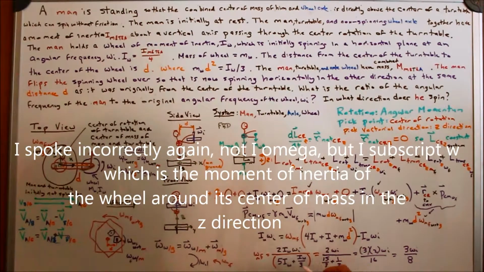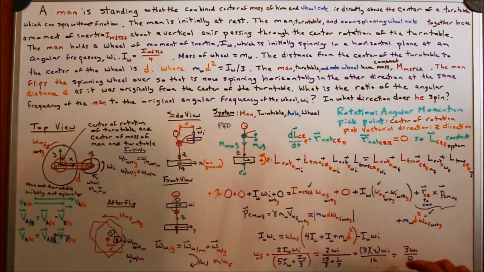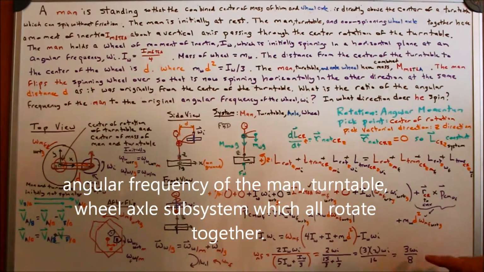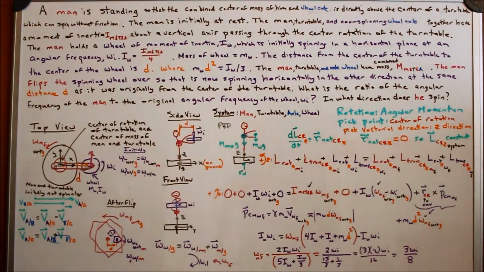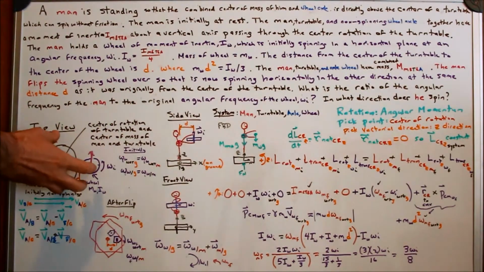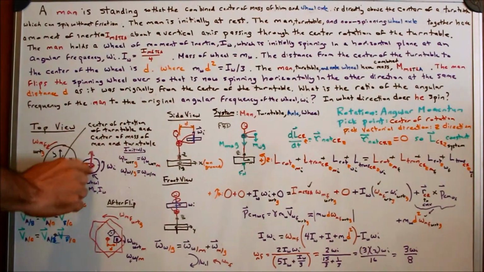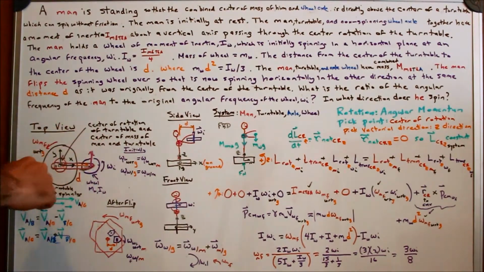So I've got 2 here, and 5 is this. I can solve for this, and with simple algebra I end up with the final angular frequency of the man being 3/8 the initial angular frequency of the wheel, and it's positive, which means my assumption was right, that this whole system is spinning in this counterclockwise direction.